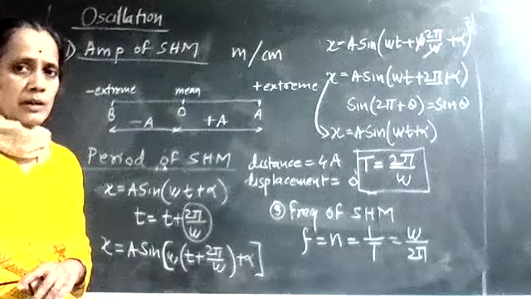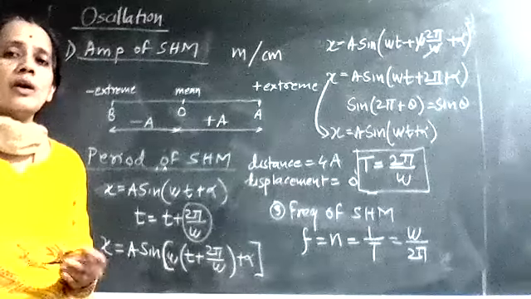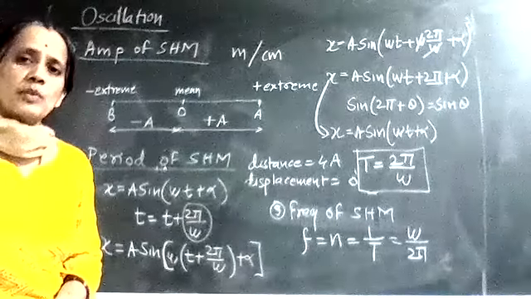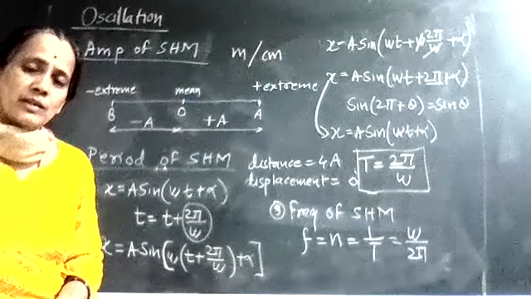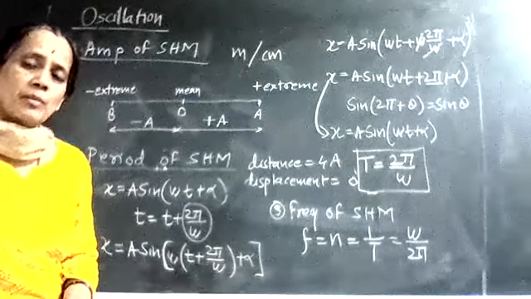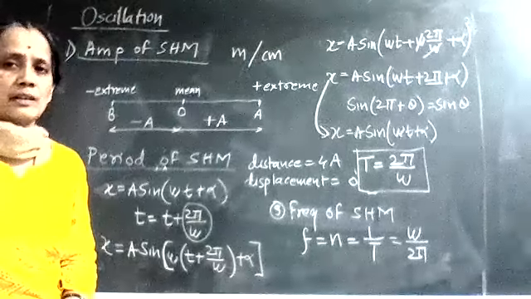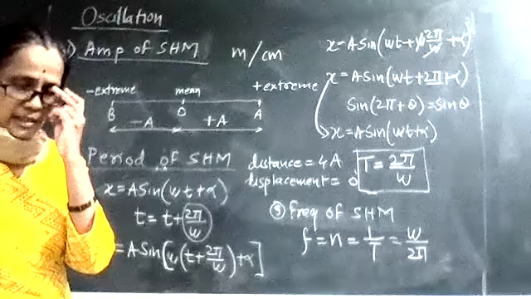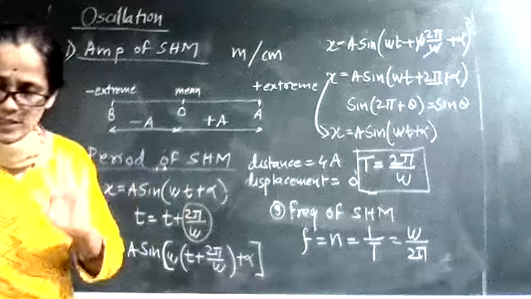Period is the time taken by the particle to complete one oscillation. And frequency is the number of oscillations per unit time. Clear? So read all these things carefully.